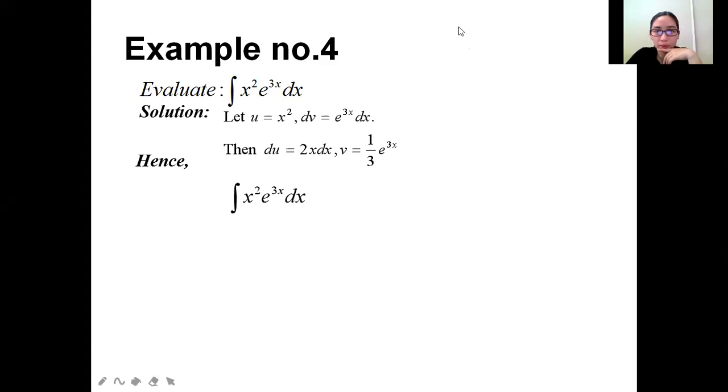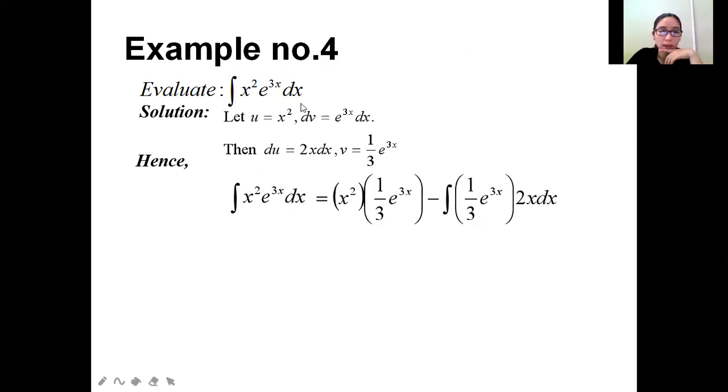So we have the integral of x squared e to the power of 3x dx, our u and our dv, is now equal to u, which is x squared, times v, which is 1/3 e to the power of 3x, minus the integral of v, which is 1/3 e to the power of 3x, times our du, which is 2x dx.